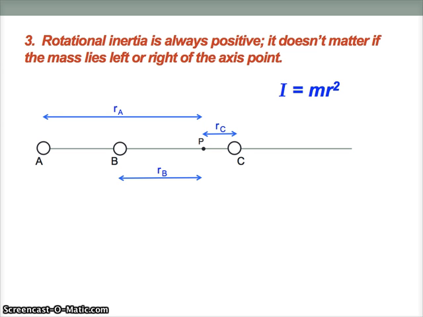Well, the formula shows us that we're going to square the values of r. So even if you were starting to think there is some sort of a negative sign in there, when you square any negative value, it would be positive as well. Inertia values are always positive. We never subtract values of inertia. Kind of like mass, mass values are always positive.